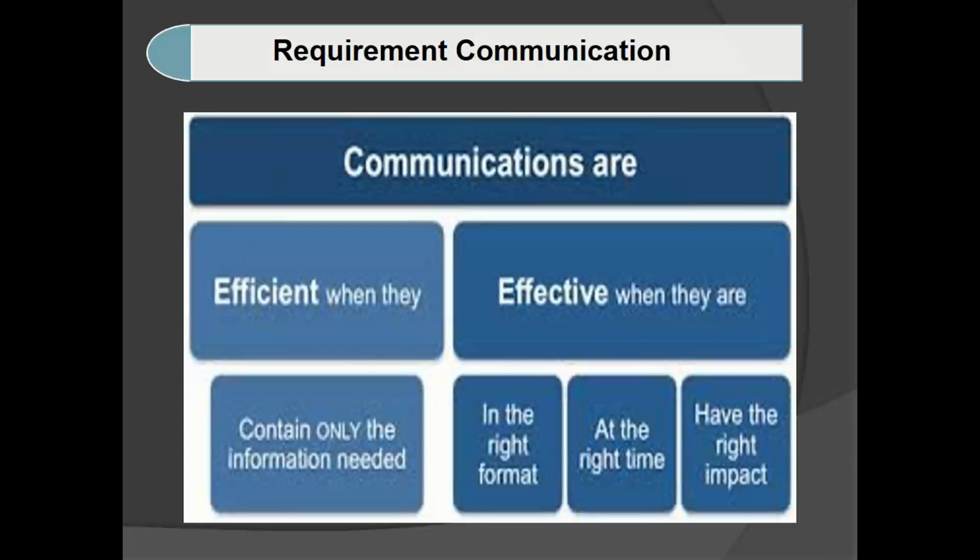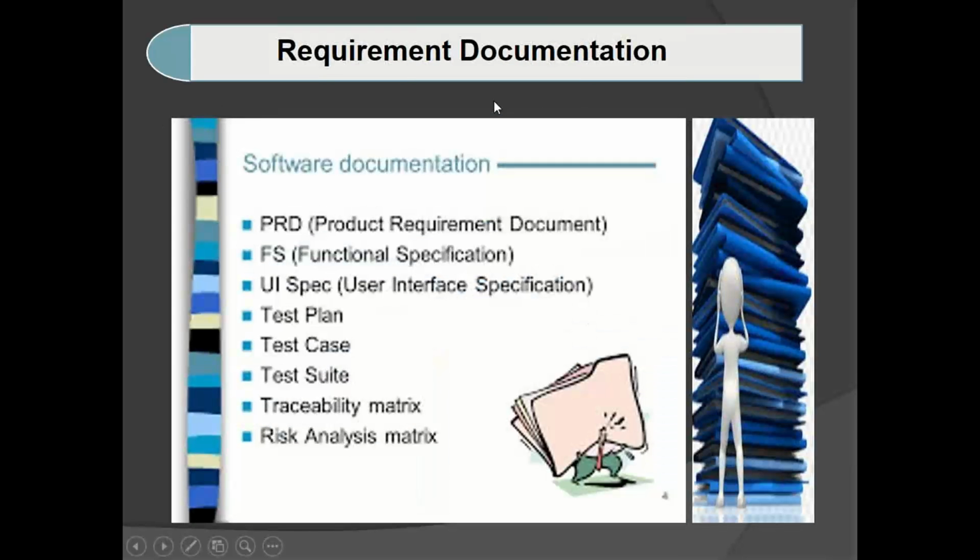Okay. Then next one is requirement documentation. Documentation also acts as one of the important pillars for the implementation and development of the project. So once you gather requirements based on the project, you have to do documentation. For implementation projects, you do one kind of documentation. For maintenance, enhancement, and migration projects, you will do another kind of documentation.